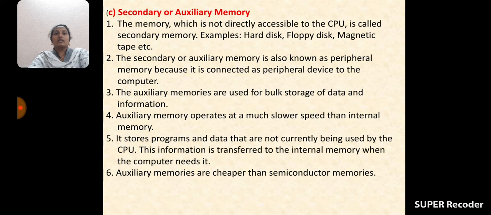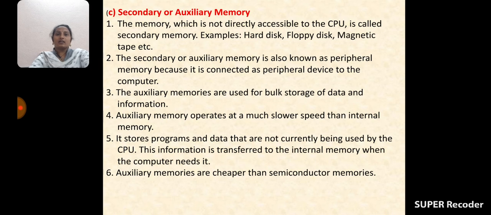the next one is secondary memory. Secondary memory is not accessed directly by the CPU. Secondary memories are hard disk, floppy disk, magnetic and external memory devices. The secondary, or auxiliary, memory is known as peripheral memory. Why? Because these are connected to the computer, not inside. If it is inside, that is called main memory.